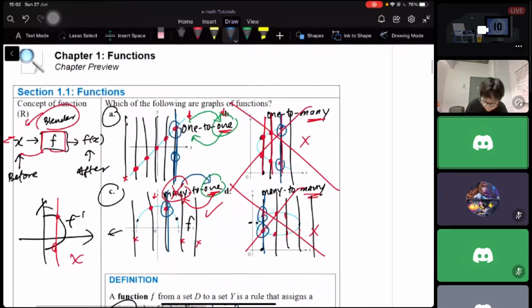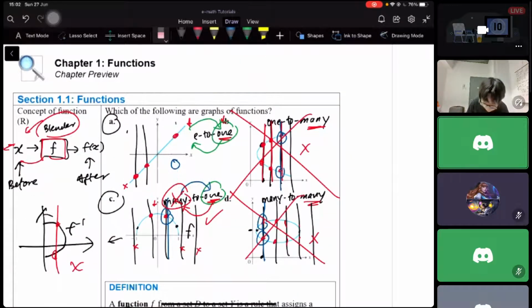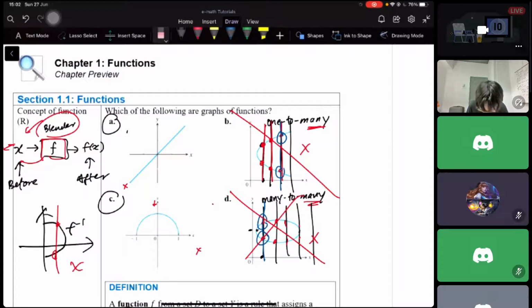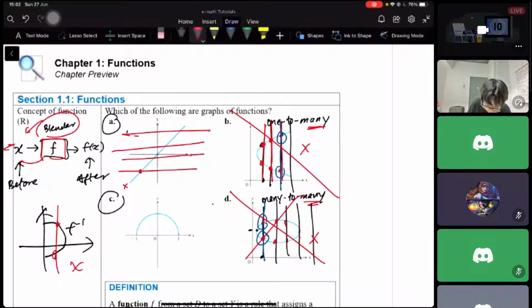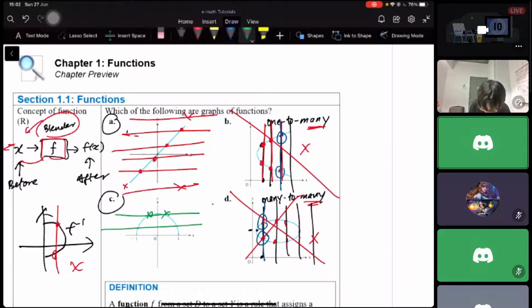Okay, come back to this one again. It's pretty messy, let me just erase the whole thing. See, I draw horizontal lines. One intersection, one intersection, one intersection, one intersection, no intersection, no intersection. How about this one? Two intersections, cannot already. Two intersections, no intersection, no intersection.